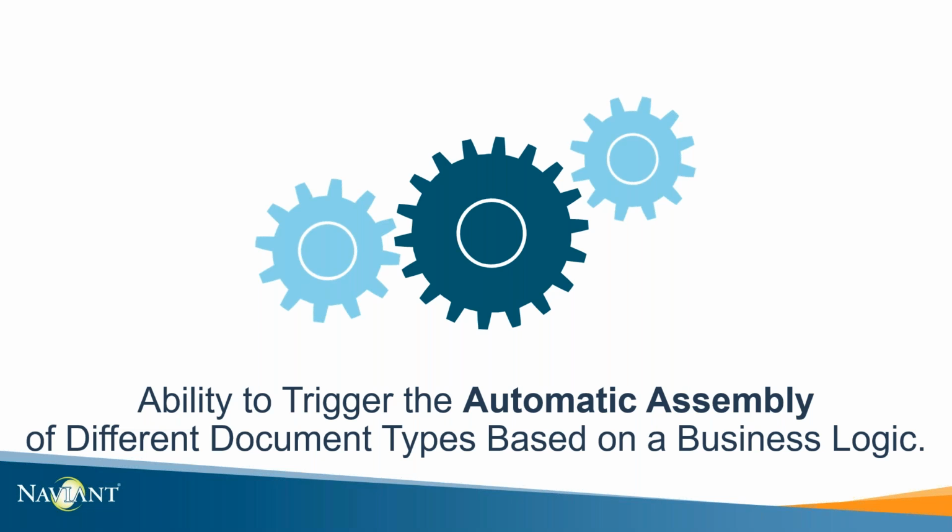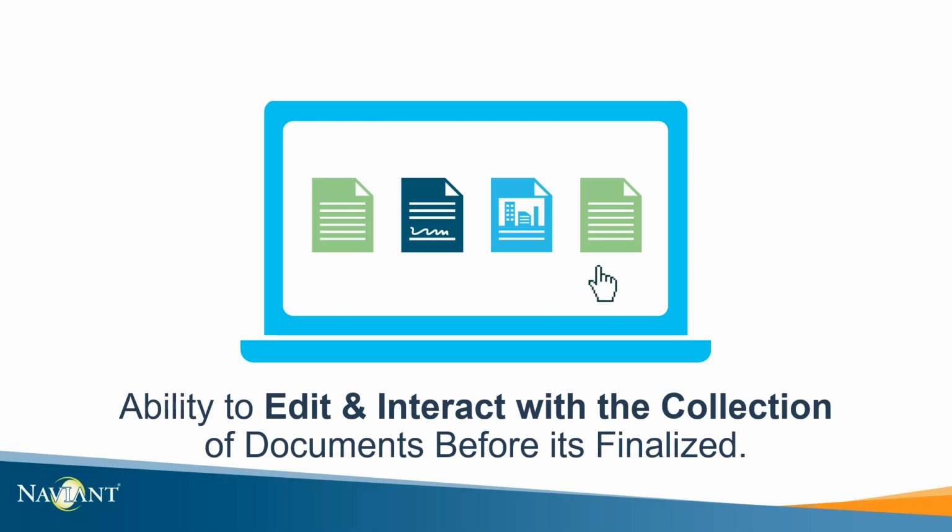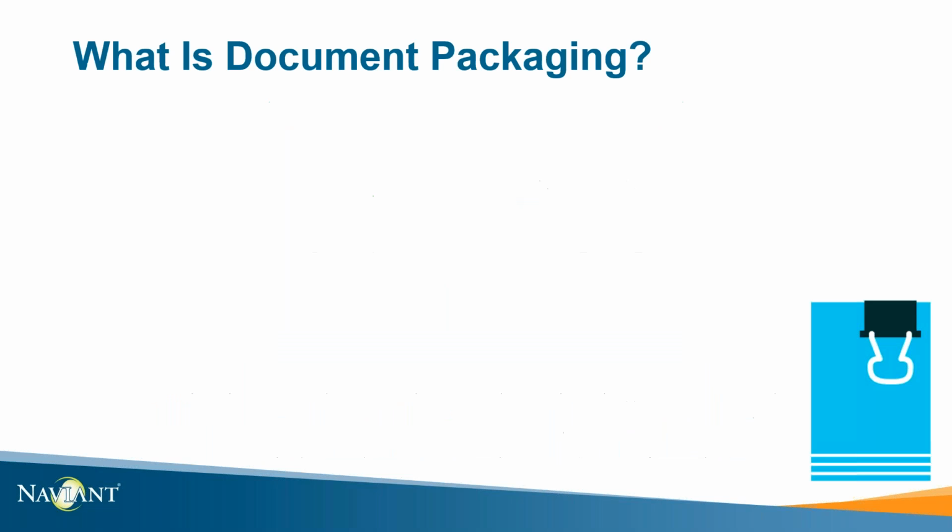Otherwise, we'll allow users to ad hoc create those packets also. And once that packet has initially been put together, we do have the option to allow a user to edit and interact with that collection of documents before we finalize and actually create that PDF document. You'll see that through this demonstration as we continue moving forward.